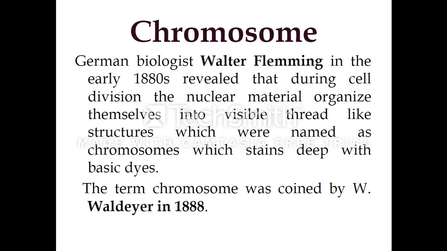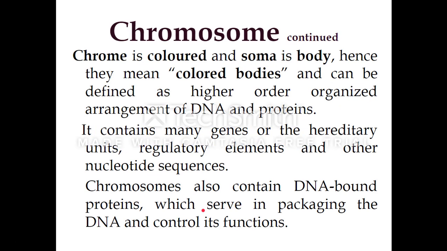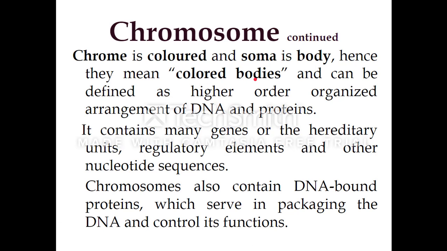The term chromosome was coined by Waldeyer in 1888. Chrome refers to colored and soma is body. Hence, they mean colored bodies as they take up the color or the dye, and can be defined as a higher order organized arrangement of DNA and proteins.